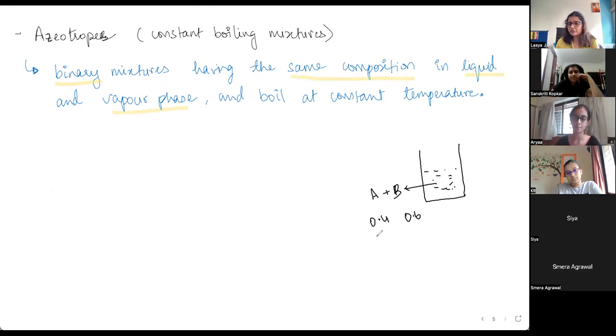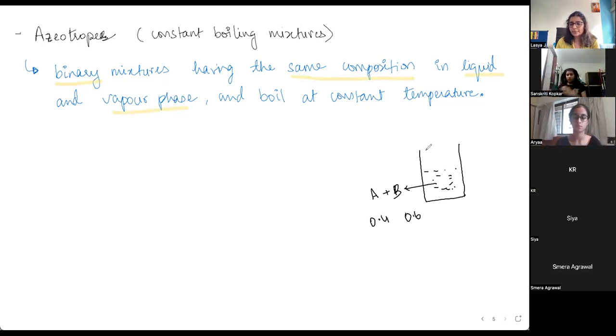Then above it in the vapor phase, if they have the same composition, if you measure the number of moles of A and B, the mole fraction is still 0.4 and 0.6 only. So those sort of mixtures are called azeotropes. The composition in liquid state and vapor state is exactly the same, and they boil at a constant temperature. Boil means what?